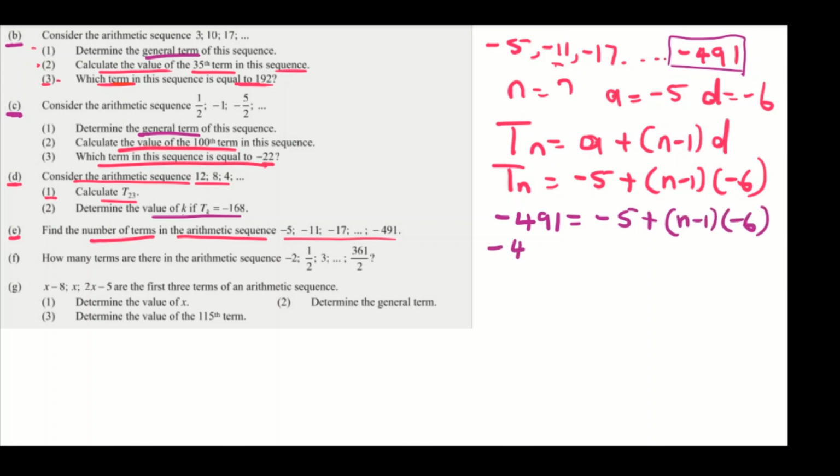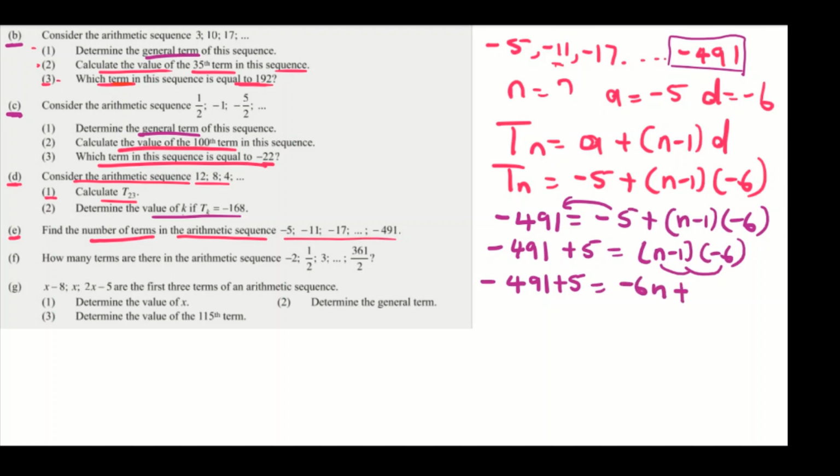So it's minus 491. I'm going to transpose this 5 to the other side. It's going to be positive 5 equals n minus 1 multiplied by minus 6. And then this minus 6 will multiply everything that is inside. So minus 491 plus 5 equals minus 6n plus 6. And then this plus 6 is going to be transposed to the other side.